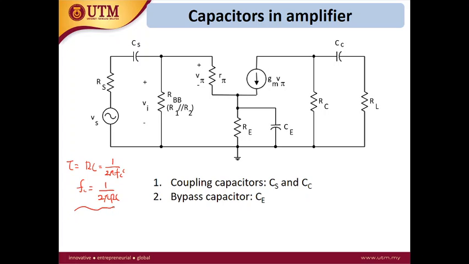This is how we can estimate, how we can predict the cutoff frequency at the low and high frequency region. We have here three capacitors. The value of capacitor here is from these three, CS, CC, and CE, and the R value here will be the impedance of this circuit.